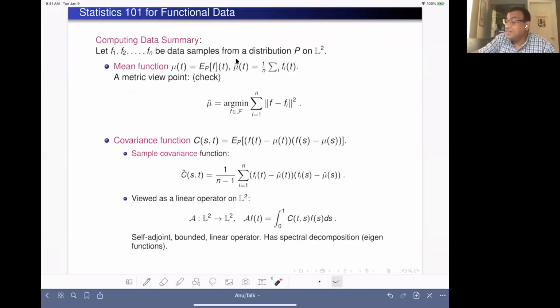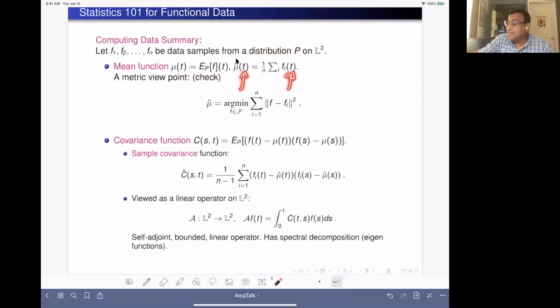There are a few more things about it which are quite convenient, and that's one of the reasons this is used. If you are given a bunch of functions, let's say you observe a set of functions from some population, you can estimate the mean of the population by just taking sample means. This is what we think would be a natural answer, and that's what it turns out to be. It's called a cross-sectional mean. For each time, we just average the heights of the functions.